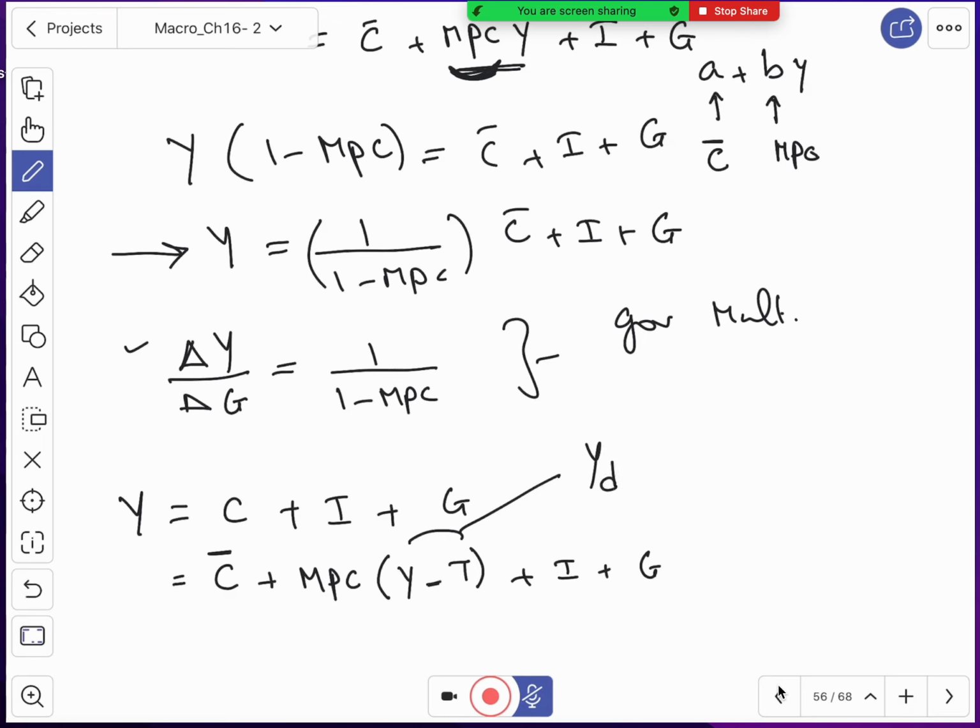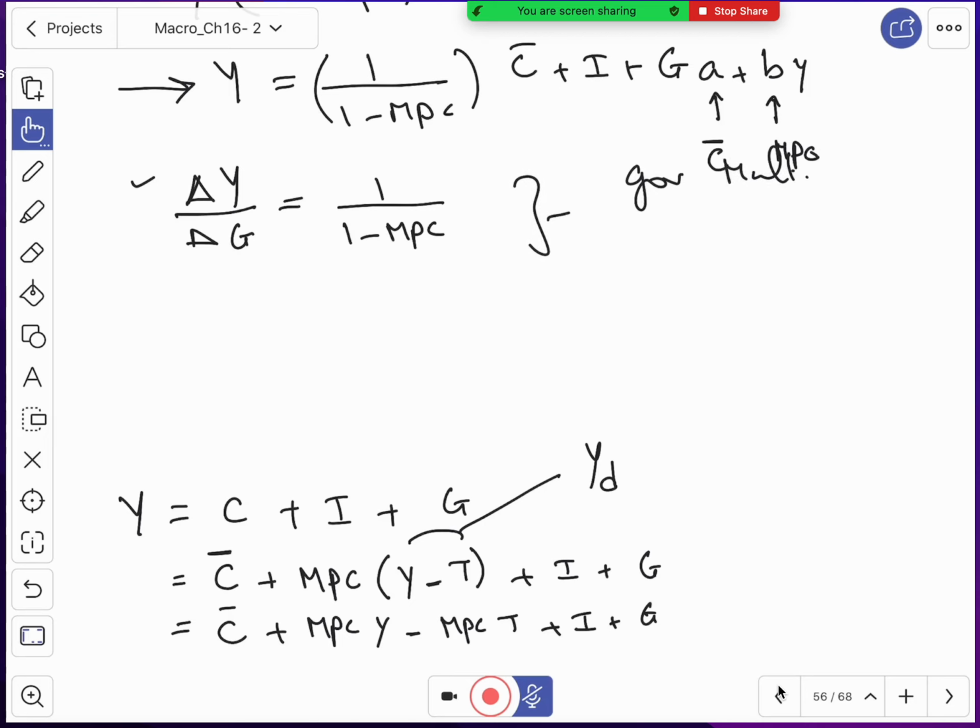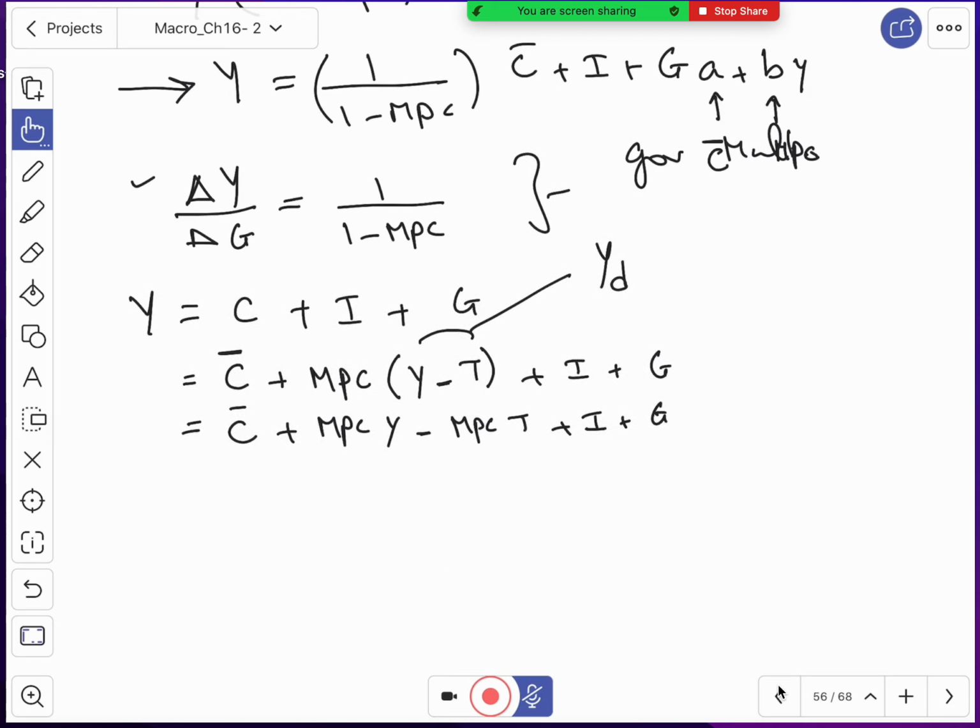And then we proceed with this equation by writing C bar plus MPC times Y minus MPC times T, plus I plus G. And we can continue with this equation by taking Y as a common factor, as we did before.